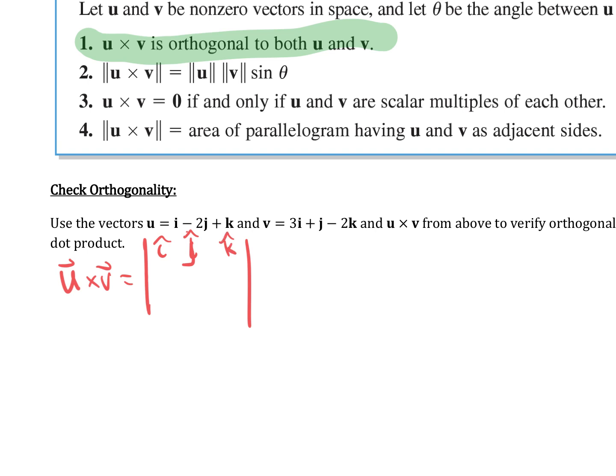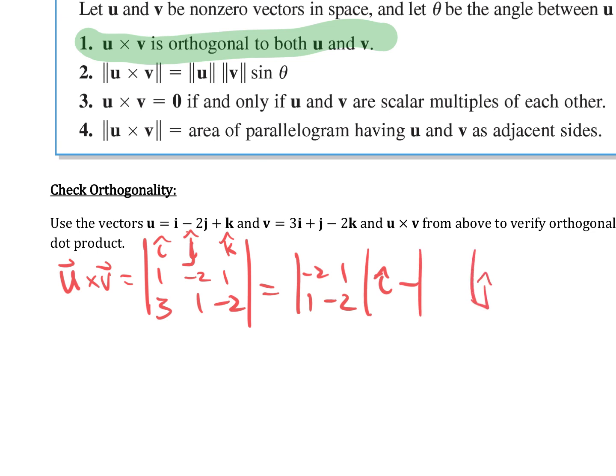And we'll put on our coefficients, 1, negative 2, and 1. And the coefficients 3, 1, negative 2. And so that equals i times the determinant of negative 2, 1, 1, negative 2, minus, don't forget to change those signs. They alternate. And we're going to use 1, 3, and 1, negative 2. So we cross out the J row and the J column.